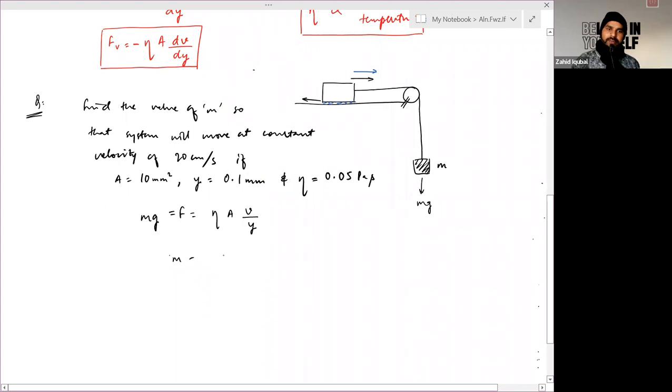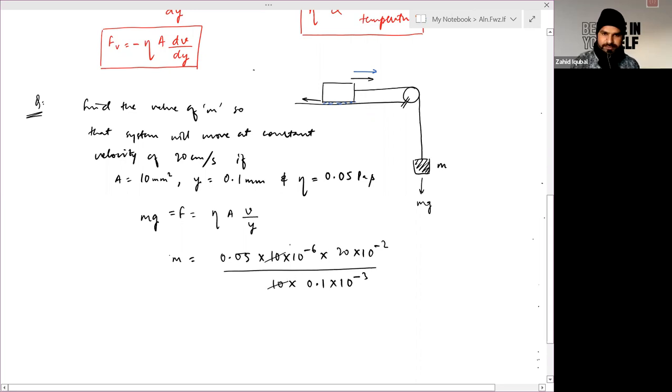Let me solve. m equals eta, which is 0.05, times area of cross section 10 mm square, times velocity 20 centimeter, divided by the value of gravity 10 and width of 0.1 into 10 to the power minus 3. So this part and this part will cancel out. 0.05 multiplied by this will give you 1.